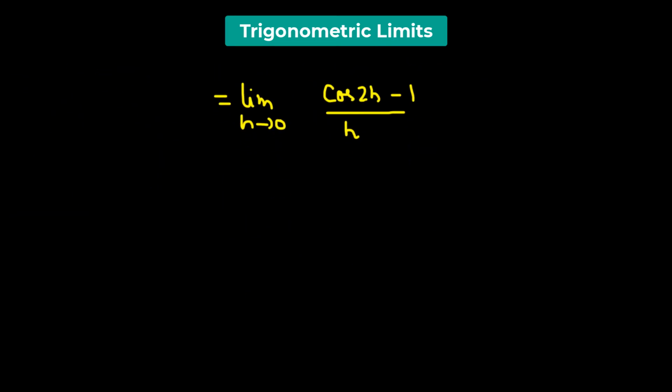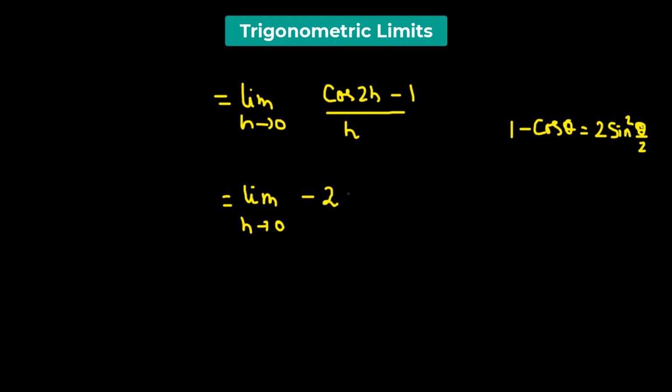Now we're going to use the identity where 1 minus cosine of theta is equal to 2 sine squared of theta over 2. So that gives us the limit as h approaches 0. So we have cosine of theta minus 1, so we can take a negative as the common factor.